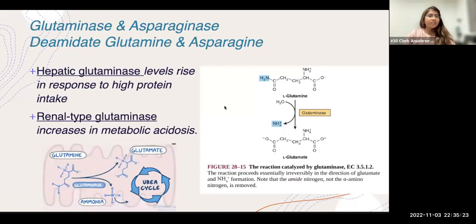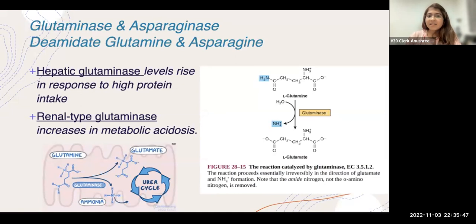Moving forward, we'll talk about the glutaminase and asparaginase to deaminate glutamine and asparagine. So again, I told you, right? Glutamine is the one that's helping to carry ammonia via blood, because it is the one that can travel in blood. And it will take it to the liver, where it will again get converted to glutamate.